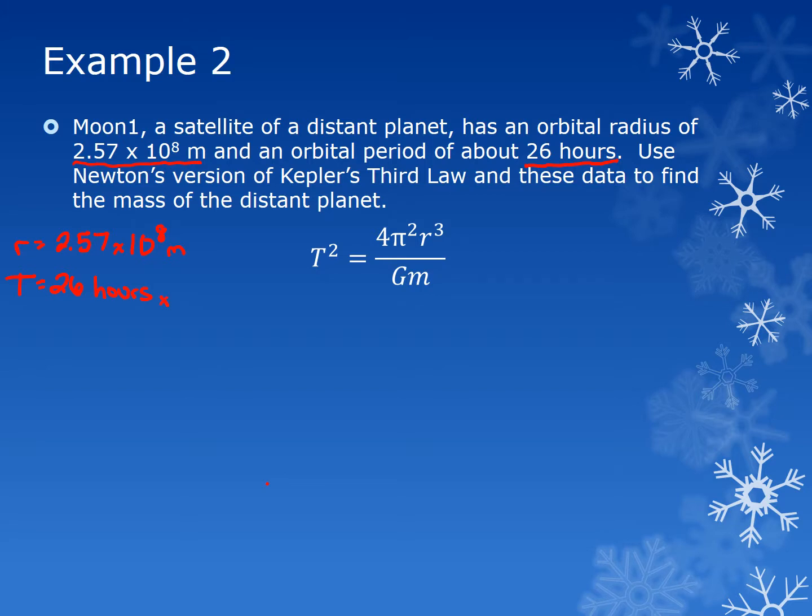So make sure you do a unit conversion. 1 hour is 60 minutes. 1 minute is 60 seconds.